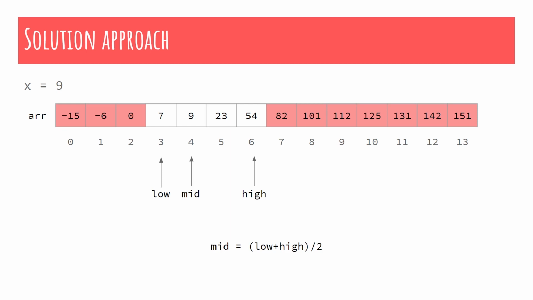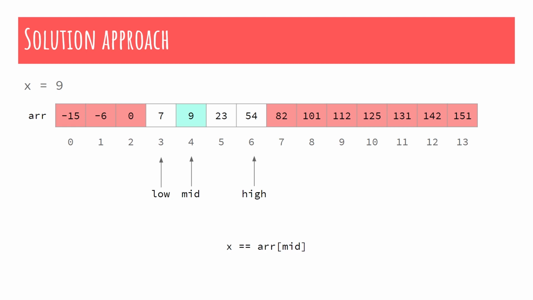Since 3 plus 6 is 9, 9 divided by 2 gives us 4. Therefore, I move my mid to the index 4. Now, on comparing array of mid with the x value, since both are equal, we have found 9 in the given array. Therefore, we'll proceed to return the index, that is 4.